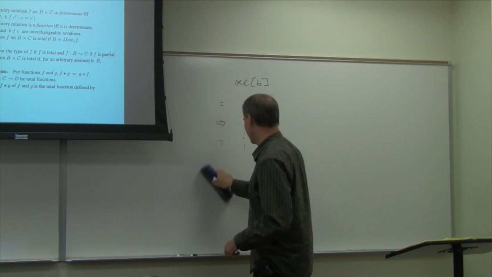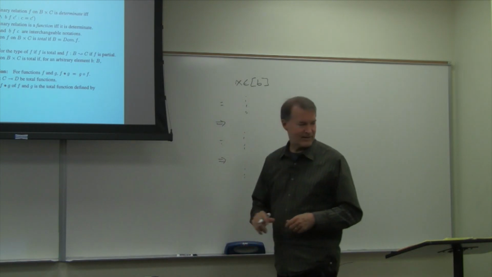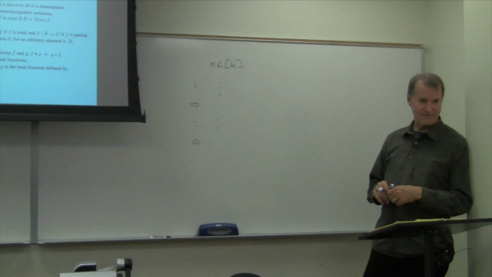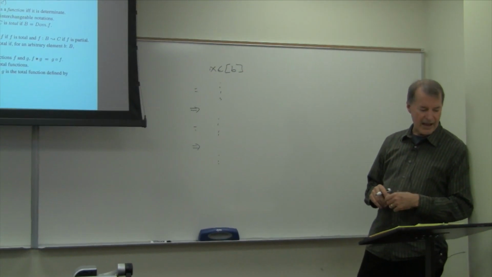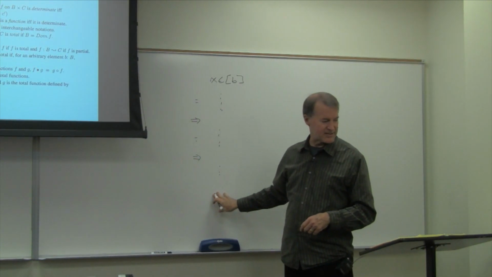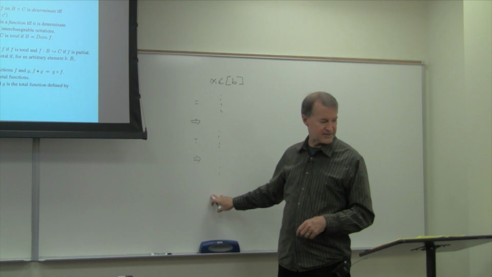Is there just one implies? I don't know. Actually, no, I used two implies. And eventually what you have to get down here at the bottom is X row C, or X is an element of C.